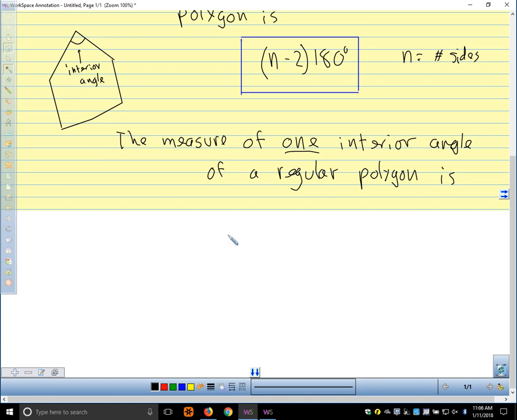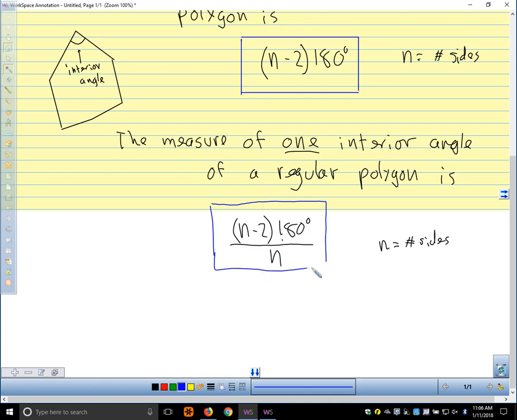All we needed to do there was divide this n minus 2 times 180 by however many sides we have, because all of them are the same, and n is the number of sides again. So the n minus 2 times 180 is all of them, divided by how many we have, and that tells us how many degrees are in one of them.